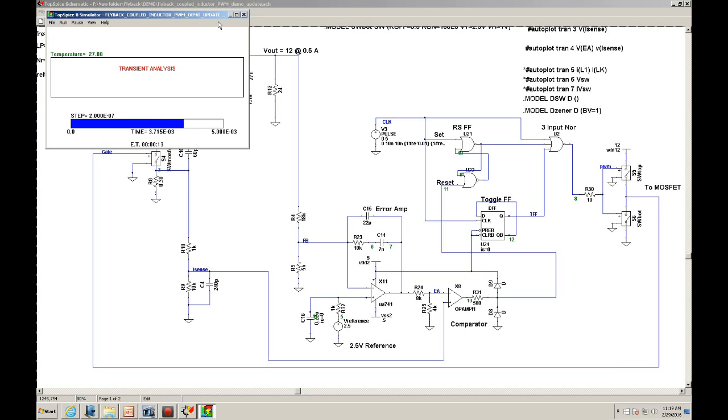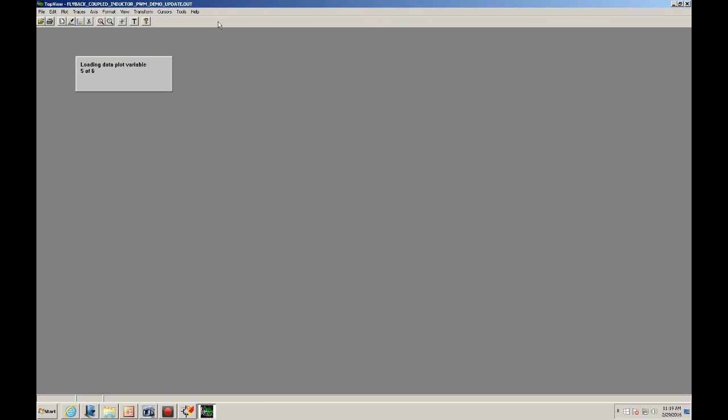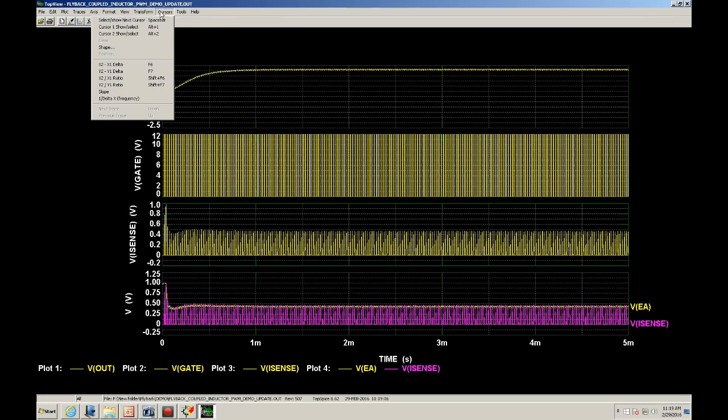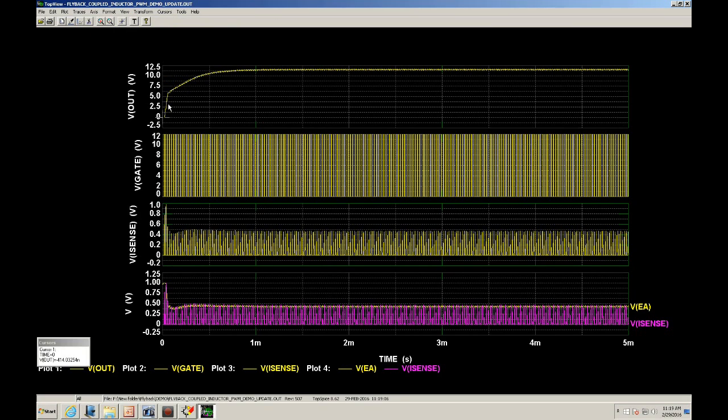It runs pretty fast. Okay, there you have it. So it's regulating. Here's the 12 volts. Okay, and it's 11, but 11 and a half.